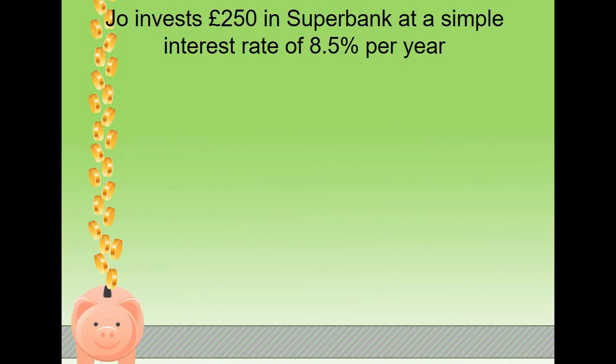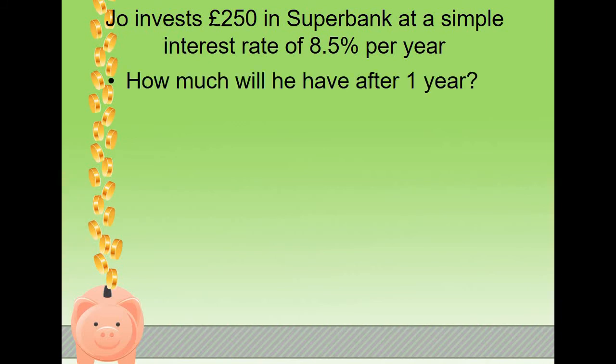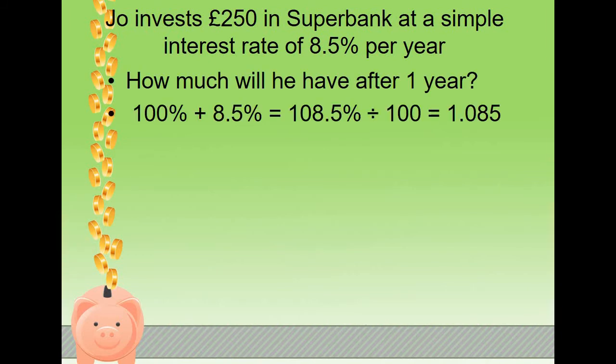Okay, so another example, if she invests £250 in Superbank at a simple interest rate of 8.5% per year, add that on to 100%. Really common mistake people make is to think that the multiplier would be 1.85. But if we look at it when it's added on to 100%, it's 108.5. Divide by 100, it gives us a multiplier of 1.085.